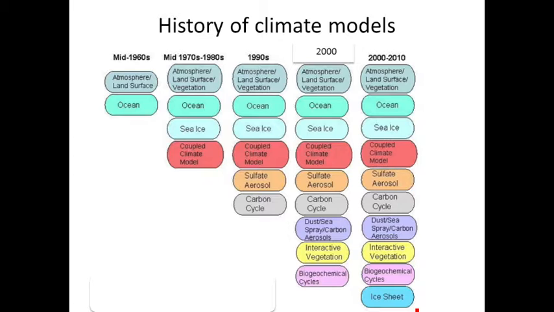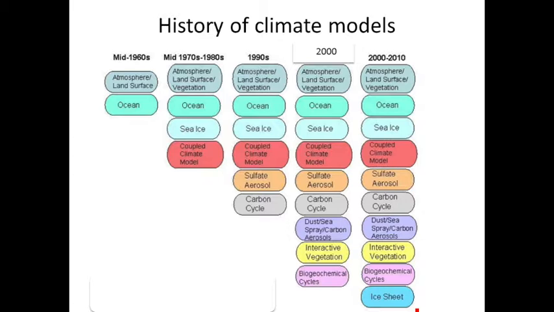And after that, we included sea ice, because if we know that the white reflects very much more than the sea, the water, then this albedo should be included in the model, because this will have an influence on radiation.